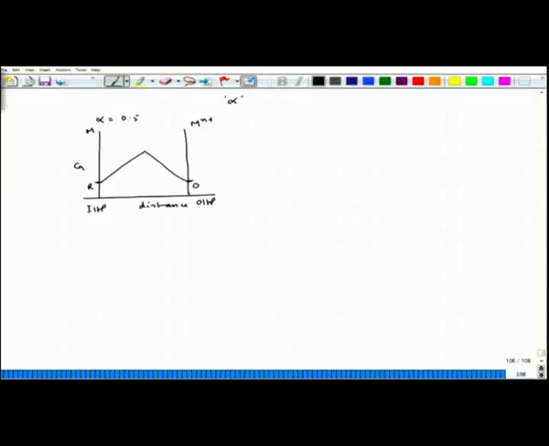Now, if the oxidation process becomes faster, there will be a change in the activation energy, as we have noticed earlier. So the new position of the activation barrier would be this one.